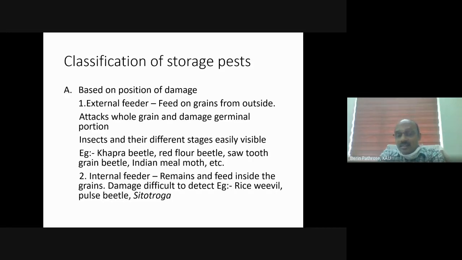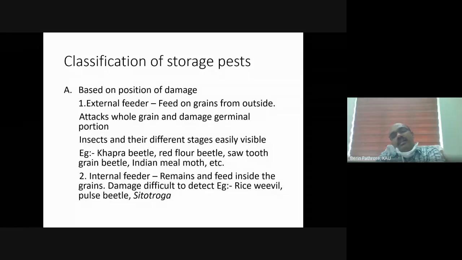But an internal feeder is a bit difficult, because the insect remains inside the grain and we may not be able to detect the infestation at the right time. So internal feeder infestations are much more serious compared to external feeder.